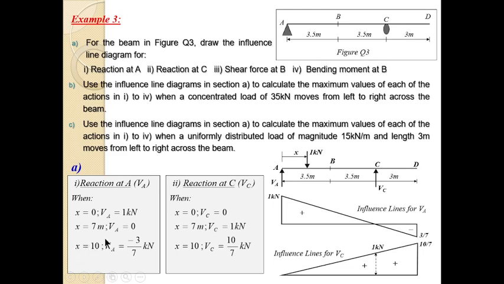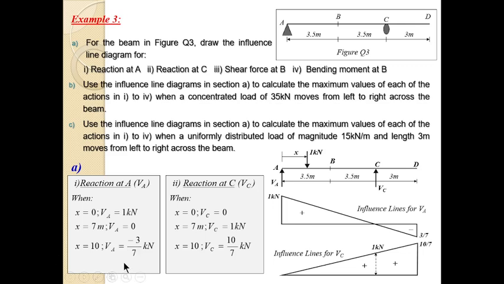Now, when x equals 10, the 1 kilonewton load will be at D. And if you do force resolution by taking moment at point C, then the value of VA will be minus 3 over 7.